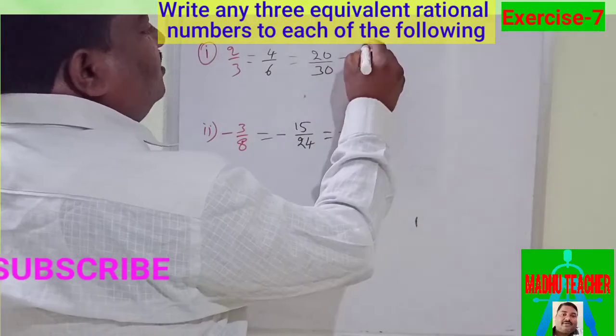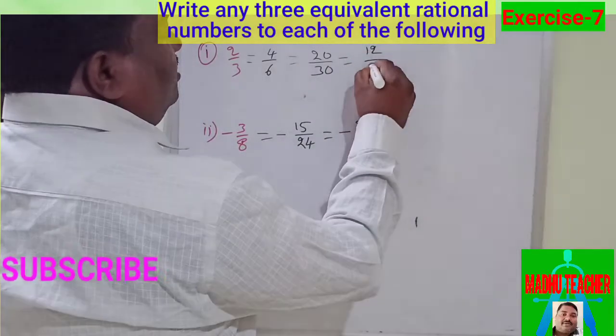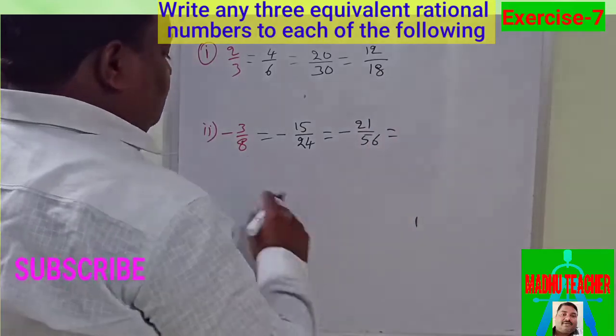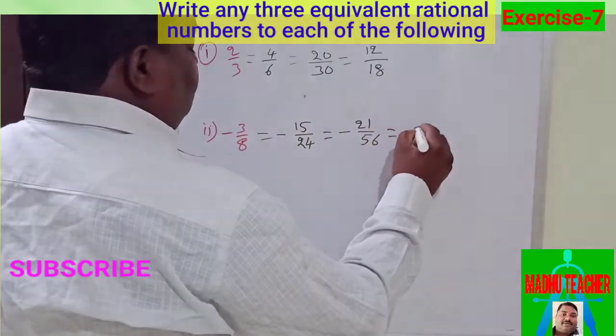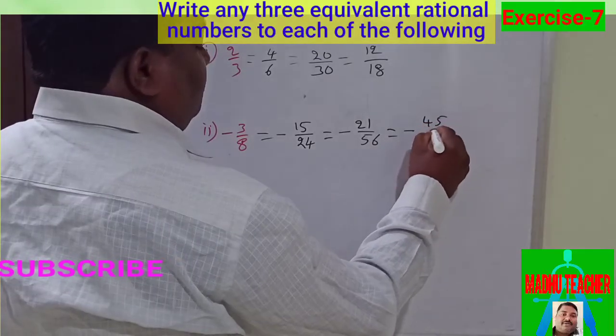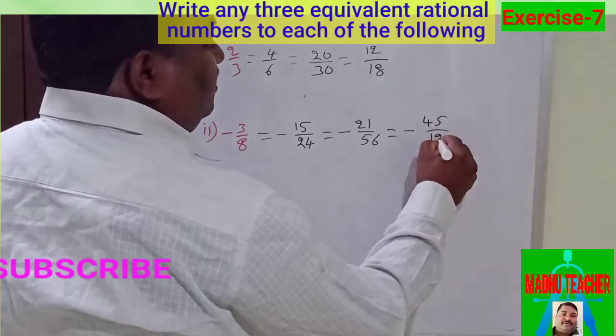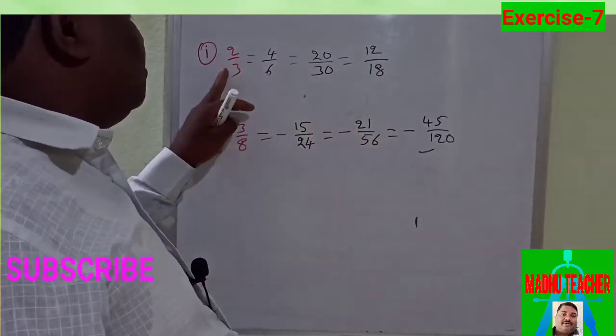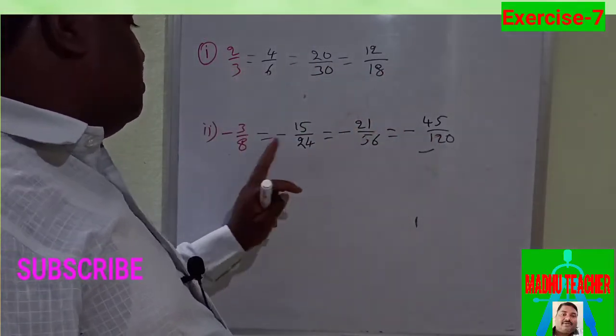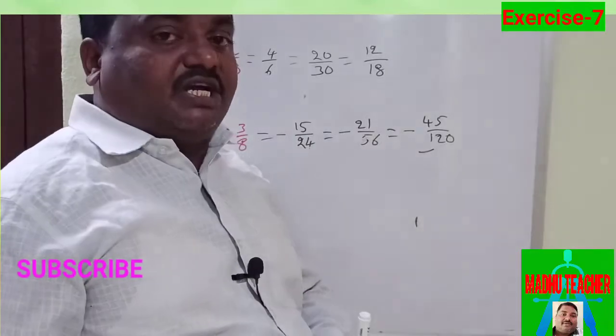Some, 6 2s are 12, 6 3s are 18. Here some, minus 15, 3 15s are 45, 8 15s are 120. These three are the equivalent fractions to this fraction. Here also same. Okay, next, second question.